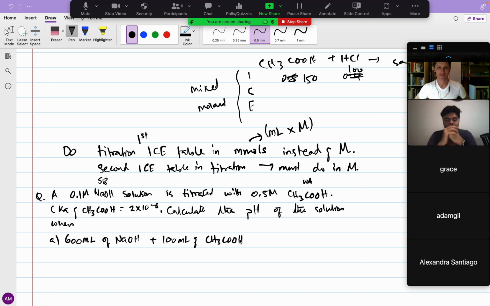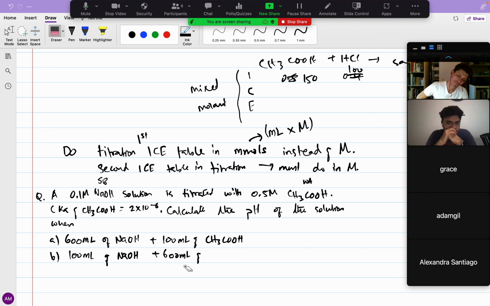That's part 1. B, let's switch places, 100 mils of NaOH is titrated with 600 mils of, or let me just say 100 with 100. That's fine.